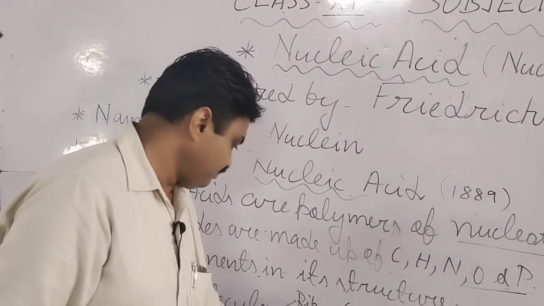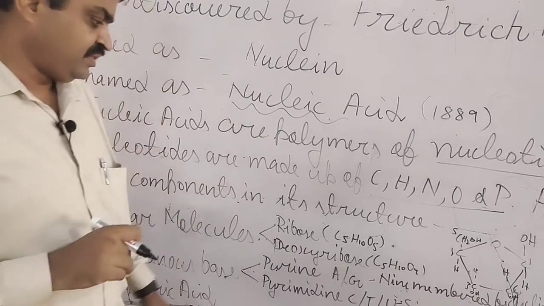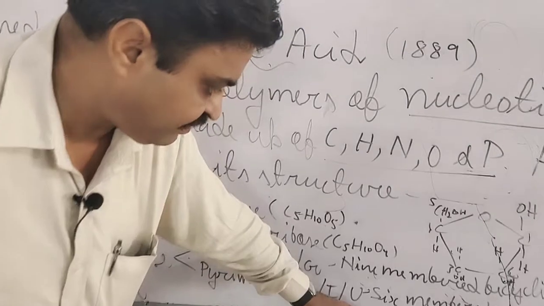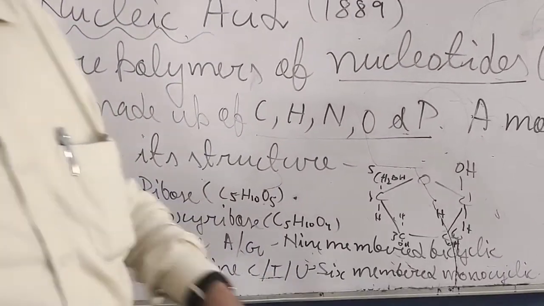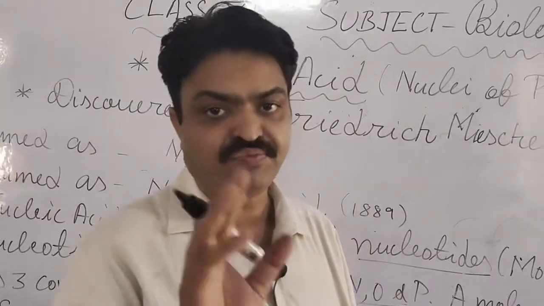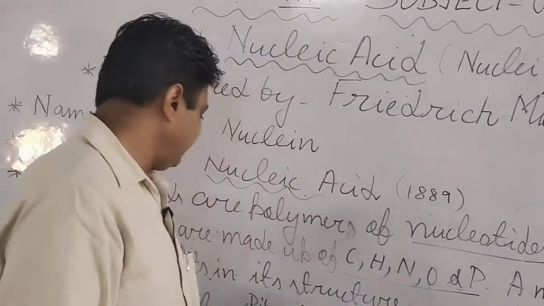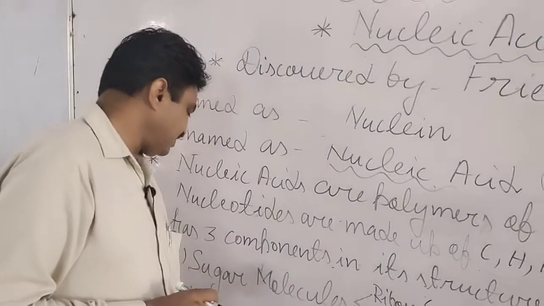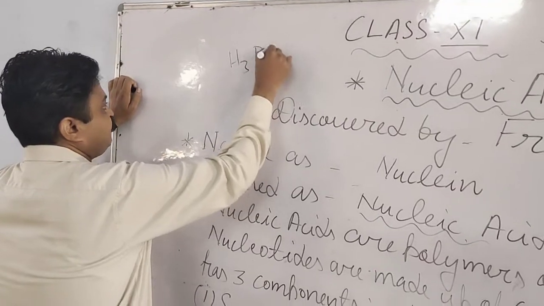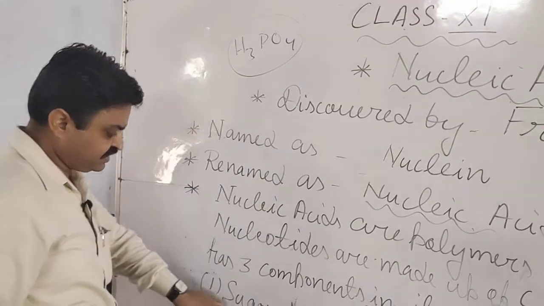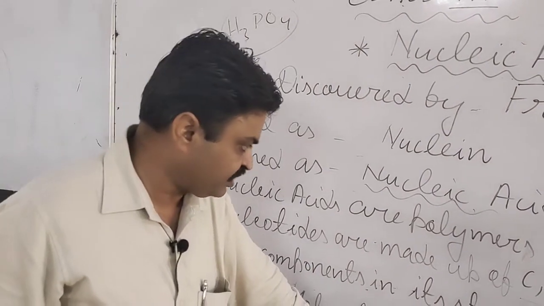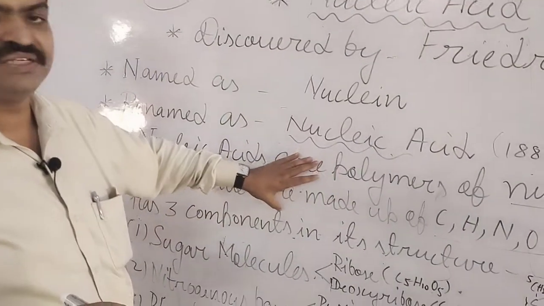And pyrimidine contains 3 types: cytosine, thymine and uracil. They are 6-membered monocyclic. And one phosphoric acid is also found in the nucleotide, and that phosphoric acid has the formula H3PO4. So these are the 3 basic structures that are found in nucleotides, and nucleotides make the nucleic acid, student.